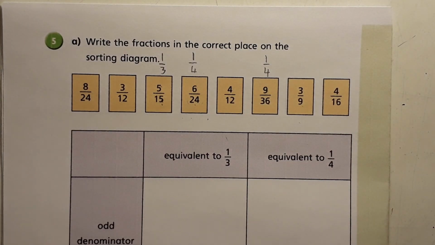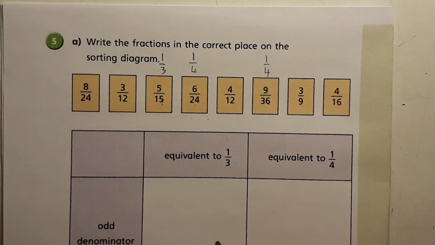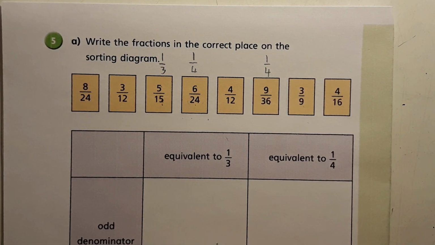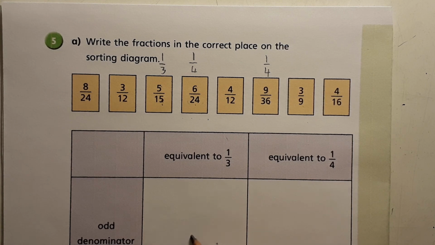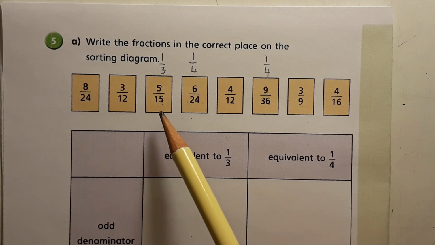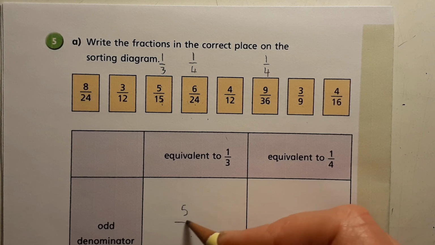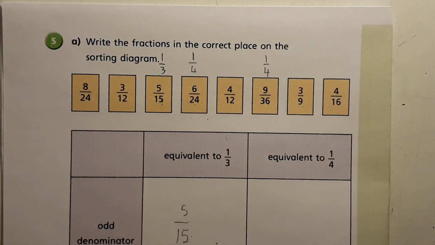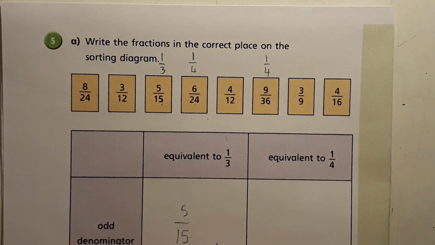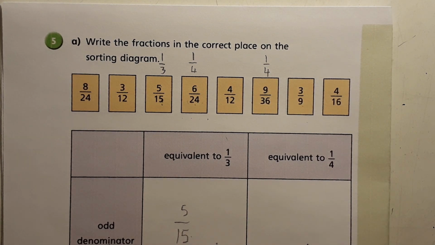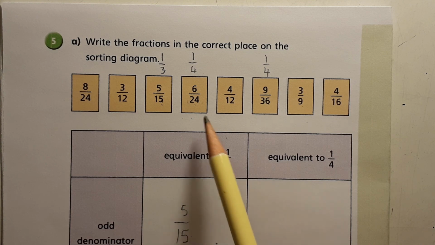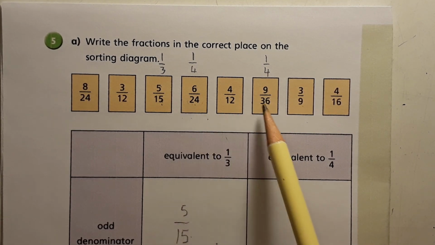Okay, so now when you've done that, then you can go through and sort them all out into the table. So I'm looking here, it's got to have an odd denominator and equivalent to a third. So 5/15 would go in here. Okay. Have I got an odd denominator that is equivalent to a quarter? Well, I've just done these two at the moment.